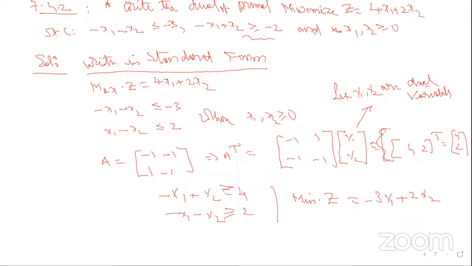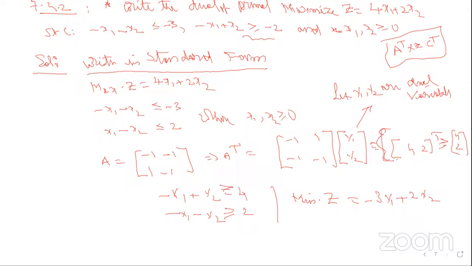So multiply r1 c1, r1 c2 like that. This is C transpose. In the theorem we wrote, A transpose of y is less than or equal to or greater than or equal to C transpose, depending upon the problem. Here less than is there, so we need to write greater than or equal to C transpose. In the theorem we discussed just now, that theorem is 10 marks. This problem is 5 marks. So y1, y2 are dual variables.